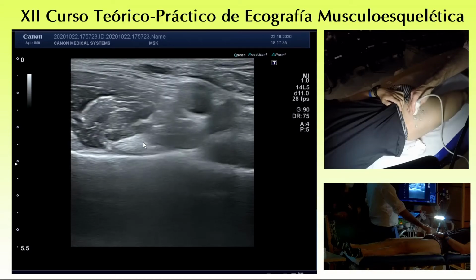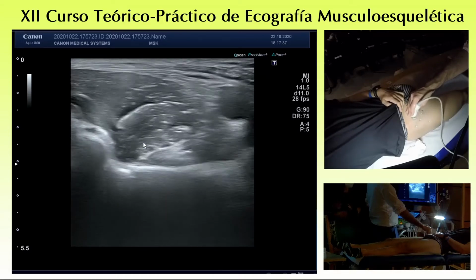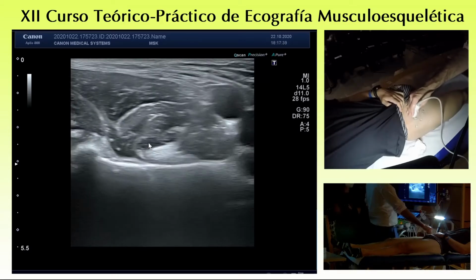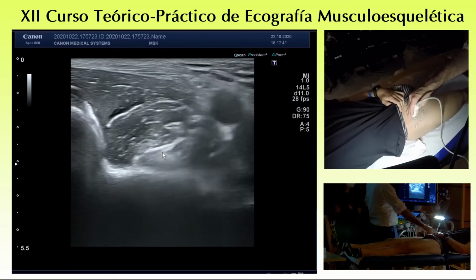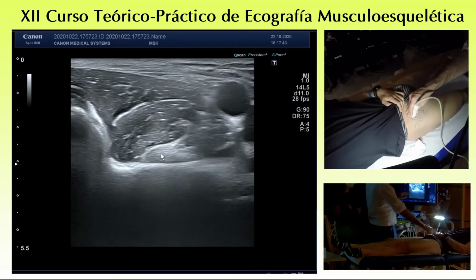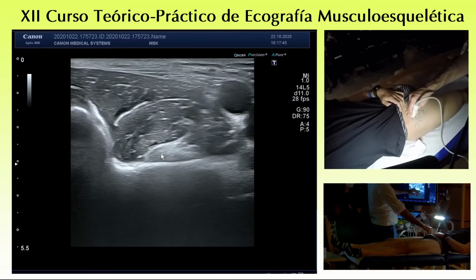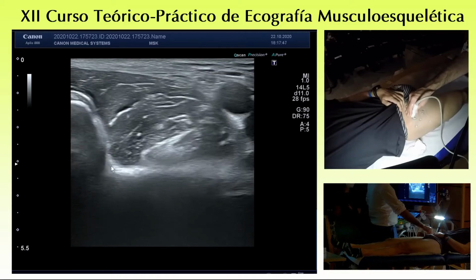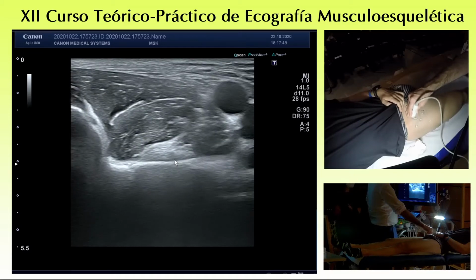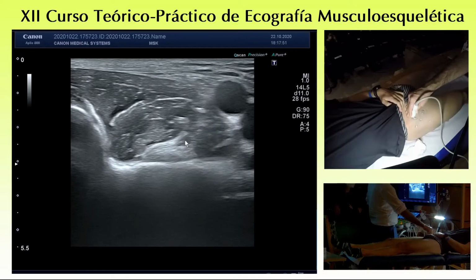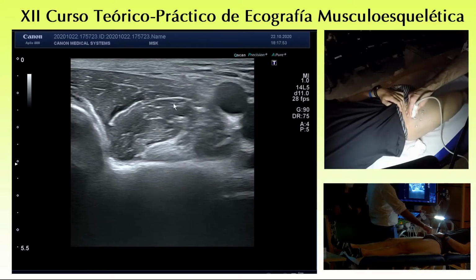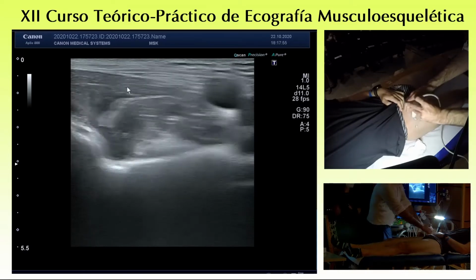For the demonstration of the snapping hip, again, go back to this configuration, it is the best one. You have to put the bone, the pubic rami, exactly horizontal. It is the best way to observe, okay? So you see all the anatomy of the complex well displayed.